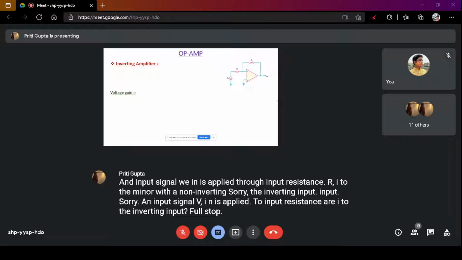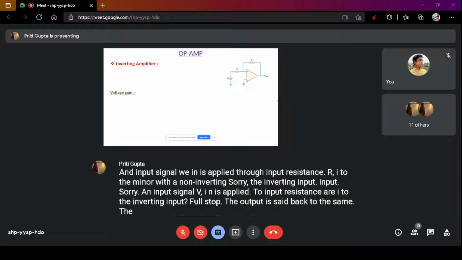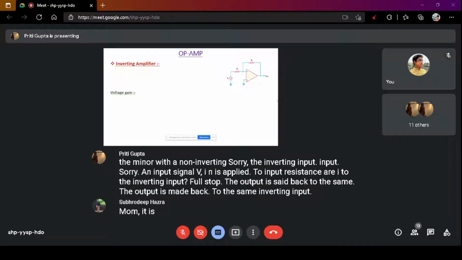The output is fed back to the same inverting input. Ma'am, is it feedback or setback? Feedback, F-E-D.